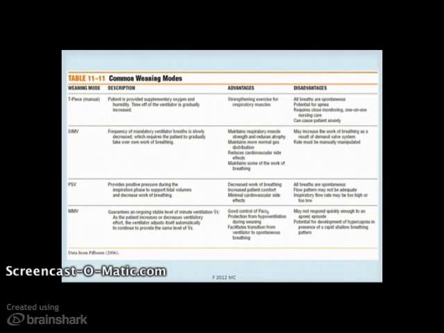So what will happen is after a patient has been on assist control for a while, they'll gradually wean them off of the ventilator using SIMV. They'll start them off where the patient only has to breathe on their own minimally, so that you can decrease the frequency of mandatory ventilator breaths, and it requires the patient to gradually take over the work of breathing.